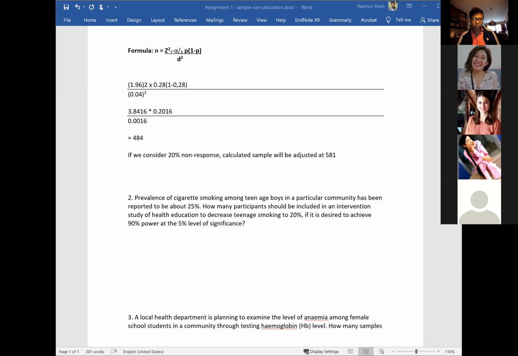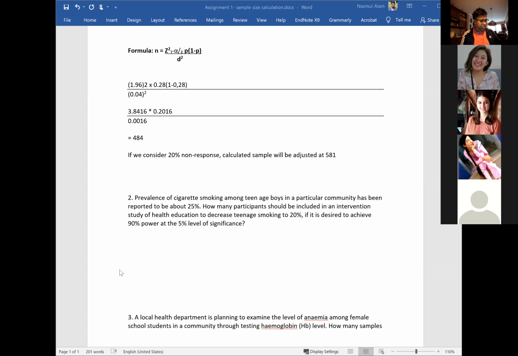Professor, I have a question. How can we select the power of the test? Power is already mentioned here, right? That is 90%, yes. But the power is 90%, which is Z 1 minus beta. For 90% power, there is a value that you need to pick from the statistical table, right?